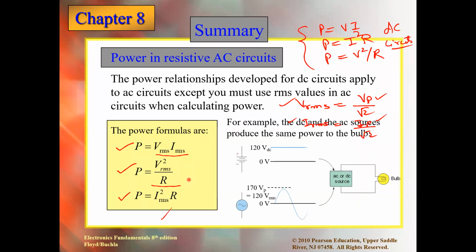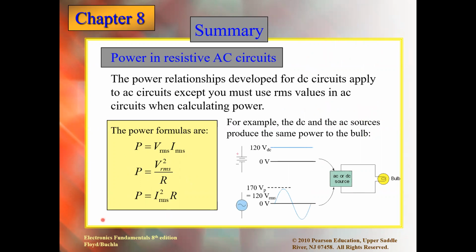So as I told you, RMS values are basically equivalent for the AC. For example, guys, if we have a DC, this is the DC symbol, and we are having 120 volt DC. Look here, this is the AC symbol, AC voltage source.